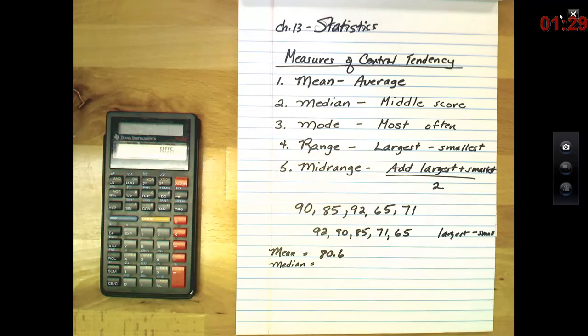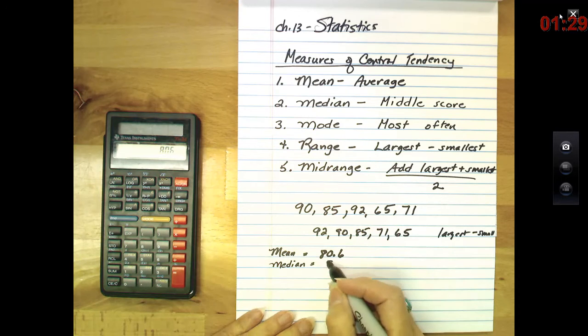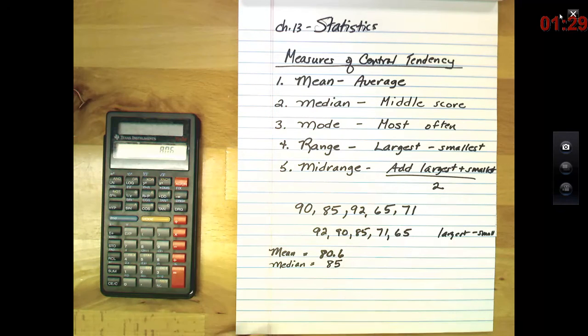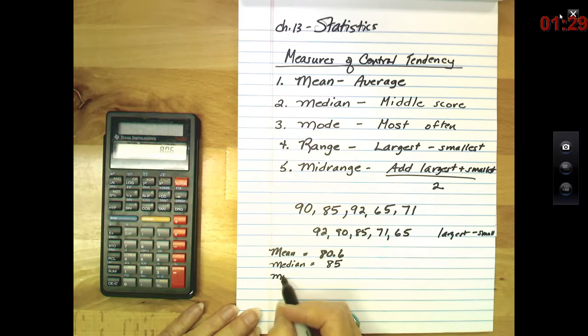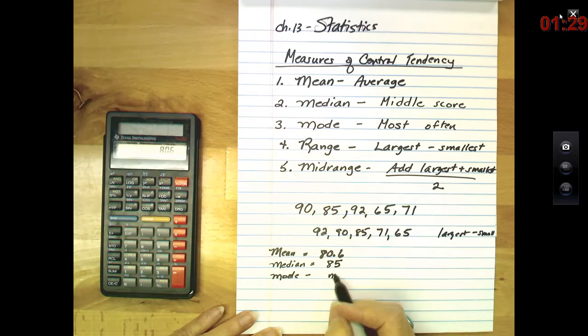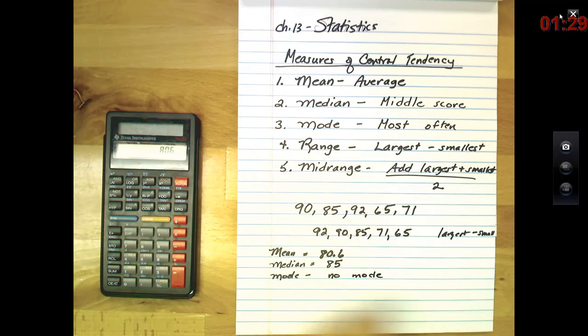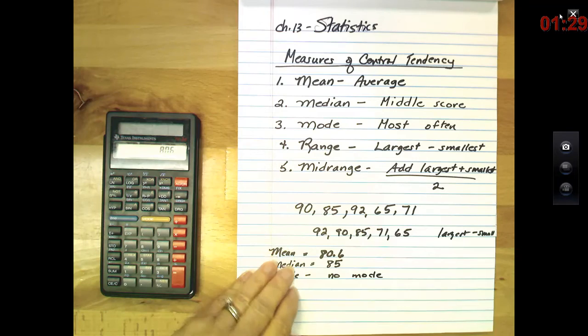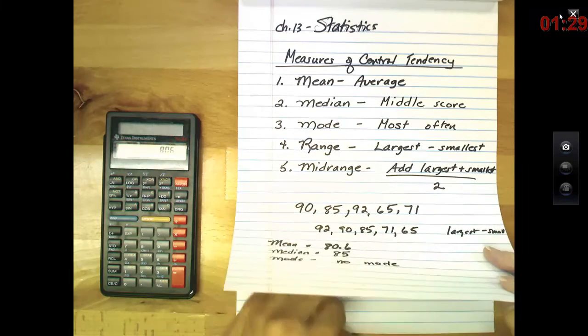All right, the median is the middle score. Which one's in the middle? 85. Okay. All right, the mode. 92. This one doesn't have a mode. In order for it to be a mode, you'd have to have more than one of them that were like 90, whatever.